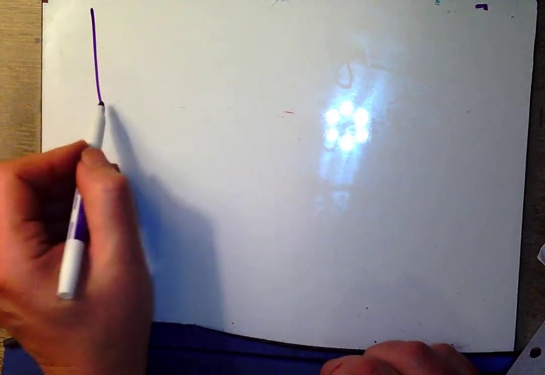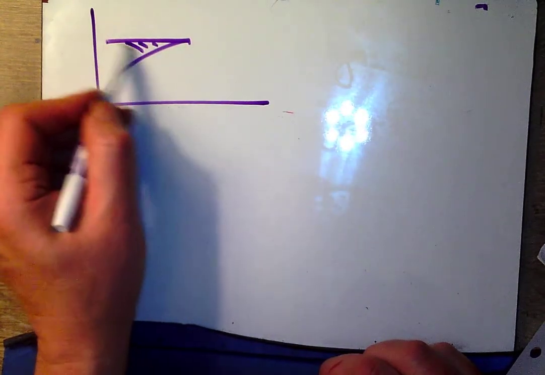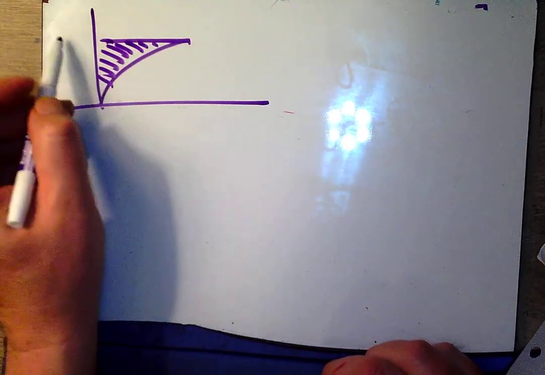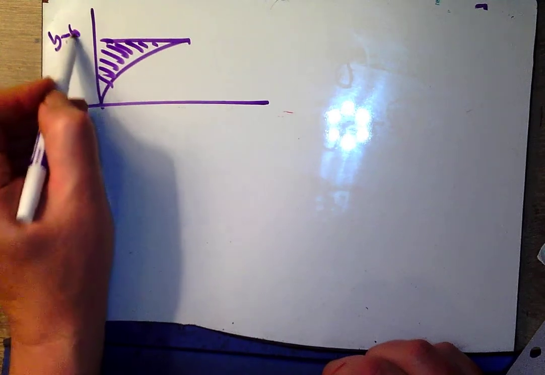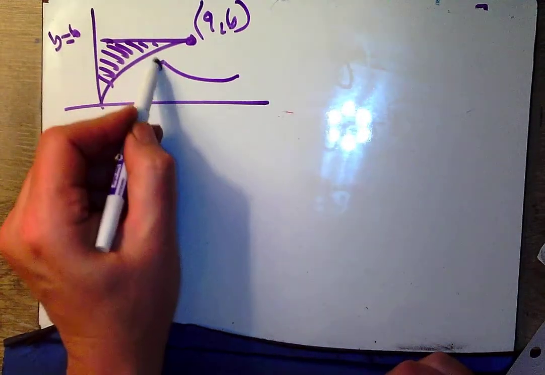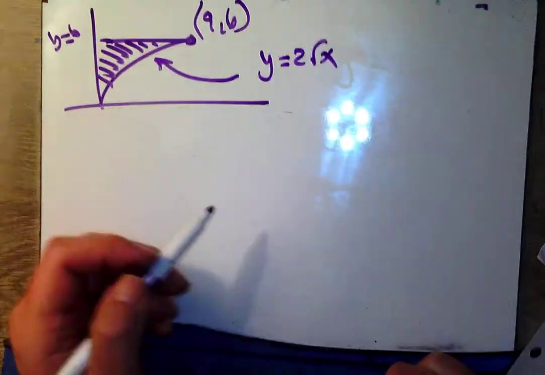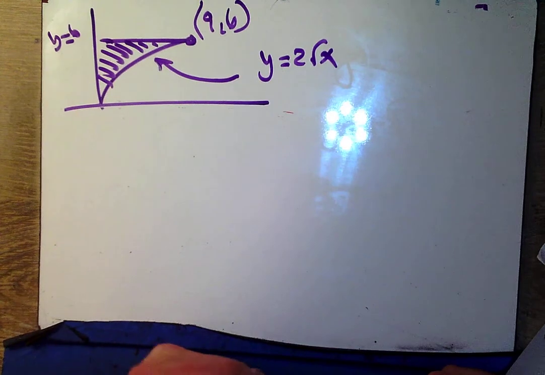Hey, welcome back. So, this is our region. This is y equals 6. This is 9, 6. That curve is y equals 2 root x. And all we want is the area.